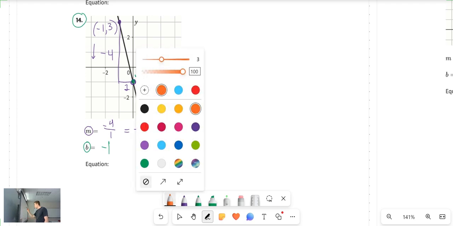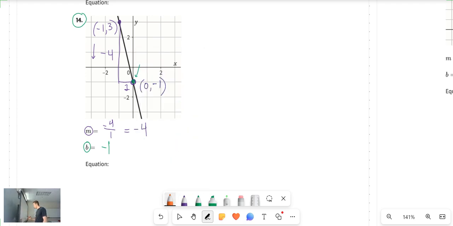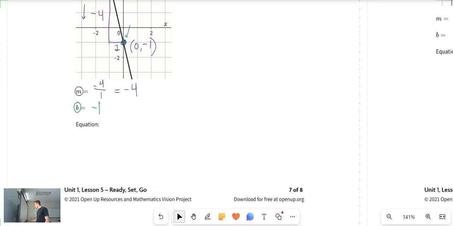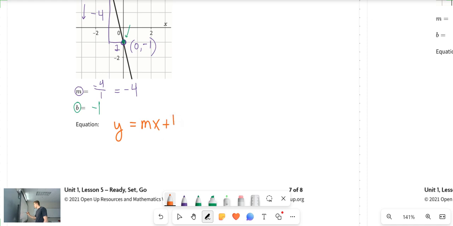And finally, our equation, we're just going to use the slope and the intercept all together. We'll do this one in orange. Remember, using our form, which is y equals mx plus b, we're going to plug our -4 in here, and our -1 is going to plug in there.